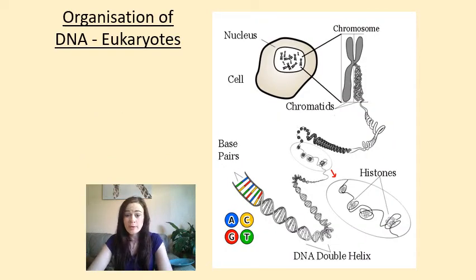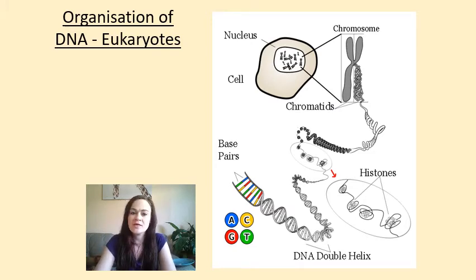So what we need to know about in terms of prokaryotes and eukaryotes is how the DNA is organised within these organisms. Right, eukaryotes, whether that's plants and animals, it's organised in the way that you already know about. The DNA is in a nucleus, which is obviously inside the cell, and it's in the form of chromosomes. Okay.